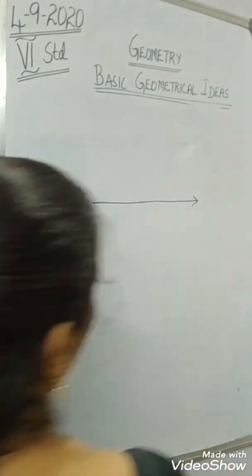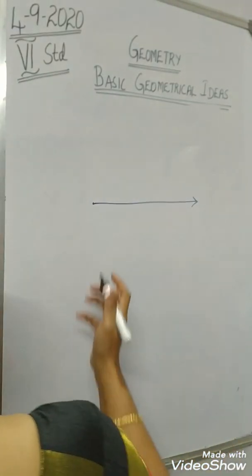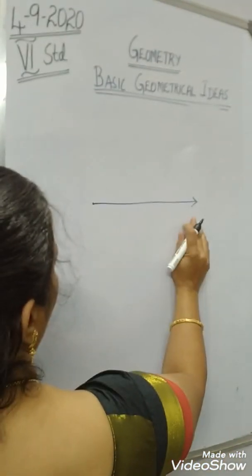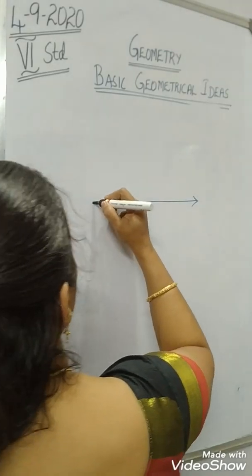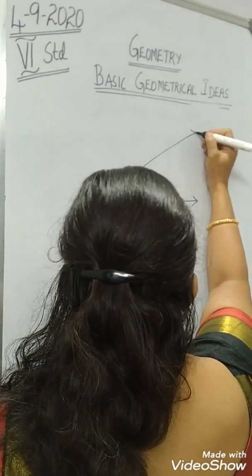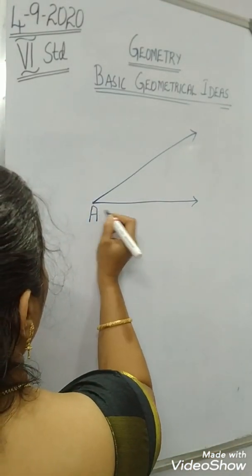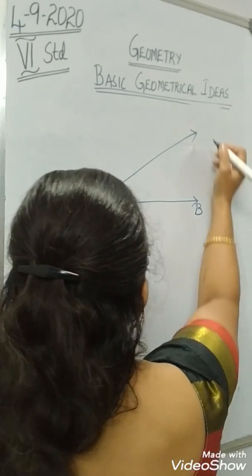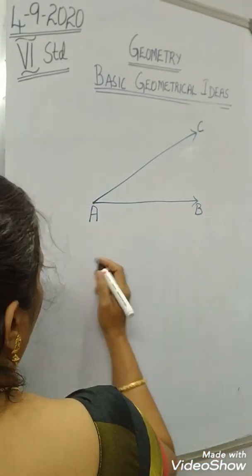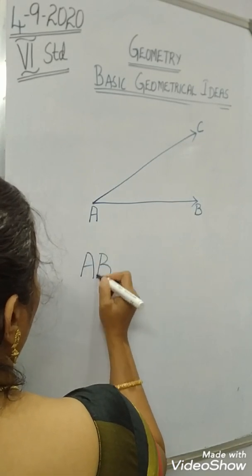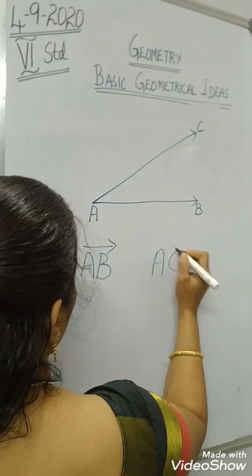Now, here we'll see if two rays start from the same point. Now, here is a ray. I'll start another ray from the same point, which is moving to this side. Can you see? Now, here A, here I'll name it as B, here it is C. Now, if you see, AB is a ray. Is it or not? Also, AC is also a ray.